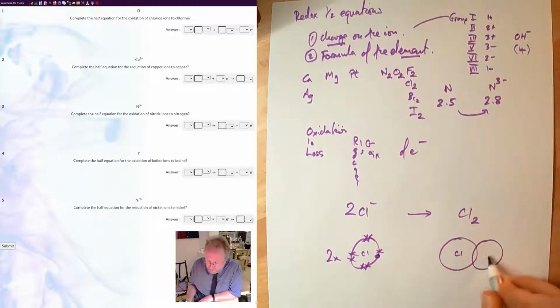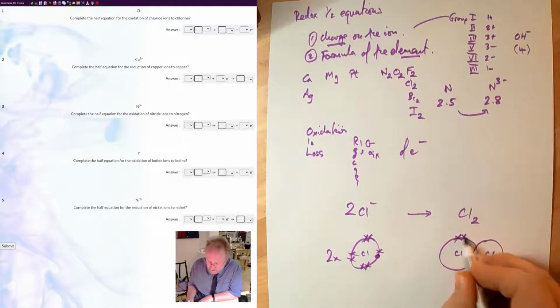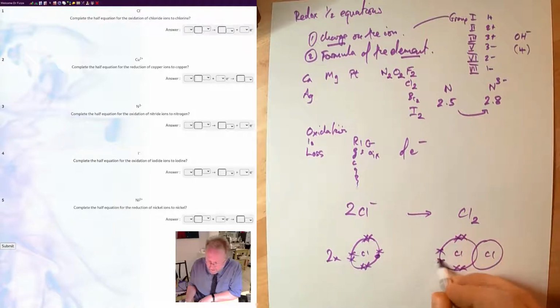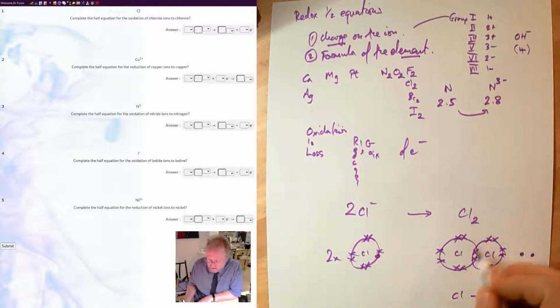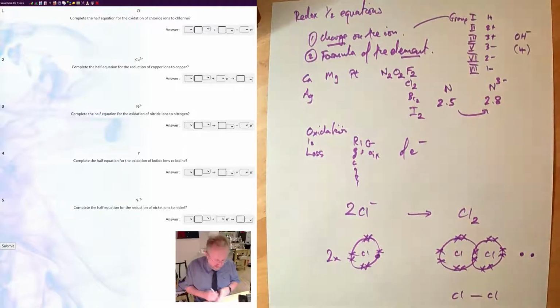the dot and cross diagram will look like this. And we will have the 2 leftover electrons. So Cl, Cl. Here we have our covalent bond. So that is the covalent bond.